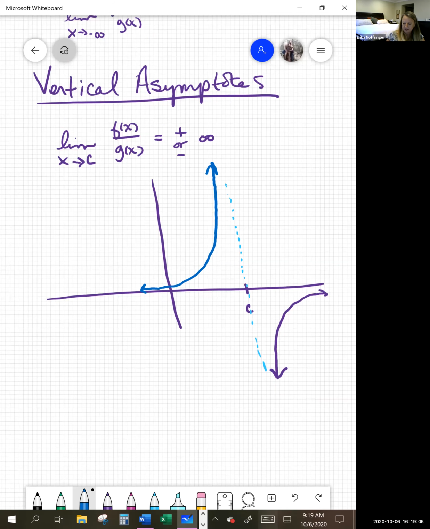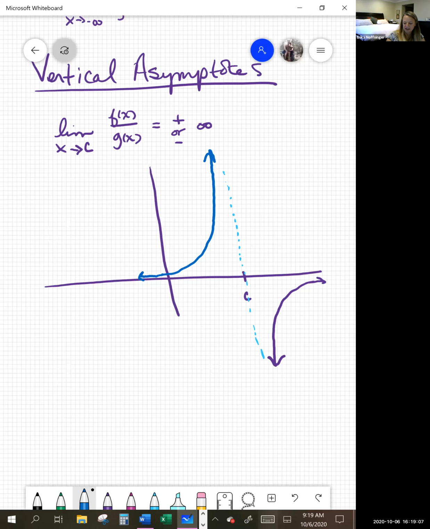But the vertical asymptotes, as you get closer and closer to the x value, it shoots up or down to positive or negative infinity. One thing you have to notice here is graphs can never cross a vertical asymptote.